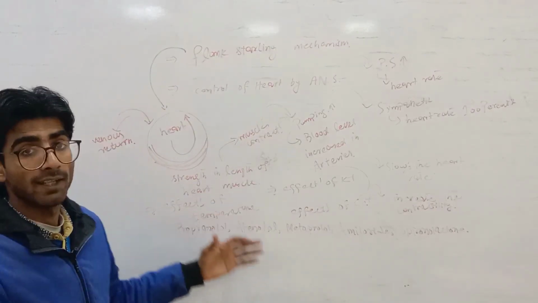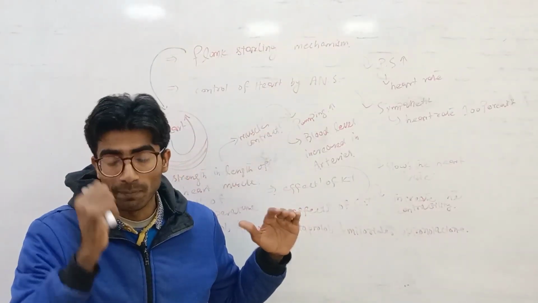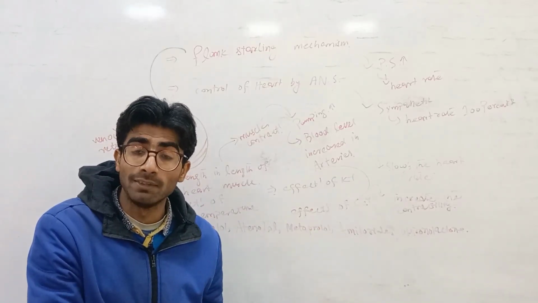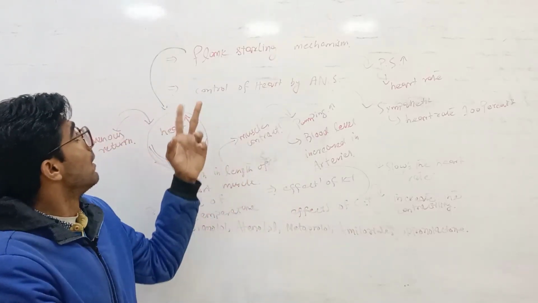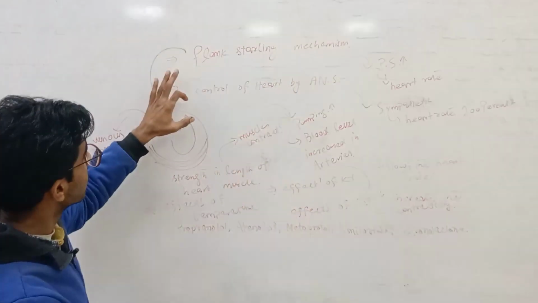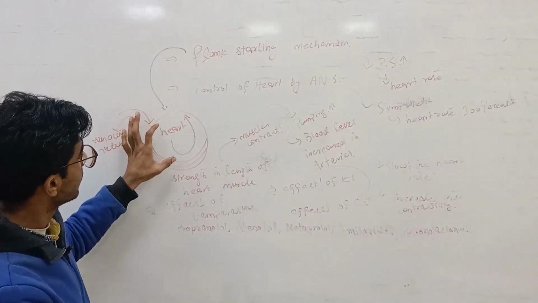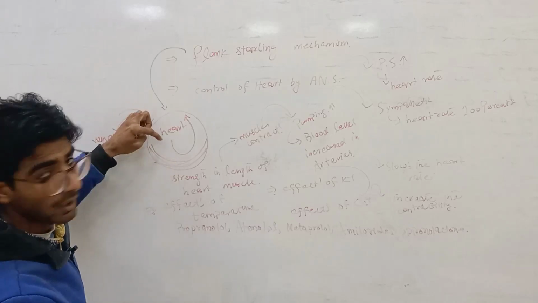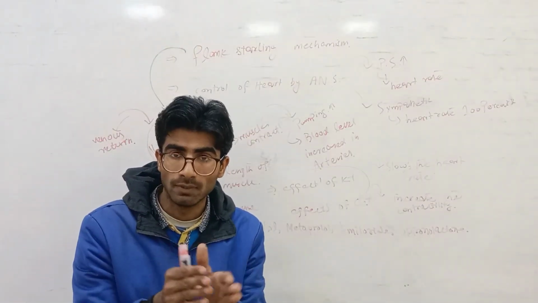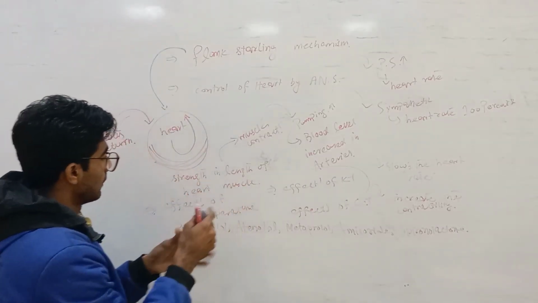I want to revise this information again: regulation of heart pumping. When a person is at rest, 4 to 6 liters of blood per minute. Two methods: one is the Frank Starling mechanism, the other is control of the heart by the autonomic nervous system. In the Frank Starling mechanism, when venous return comes into the heart, muscle contractility increases because of stretching in the length of the heart muscle.